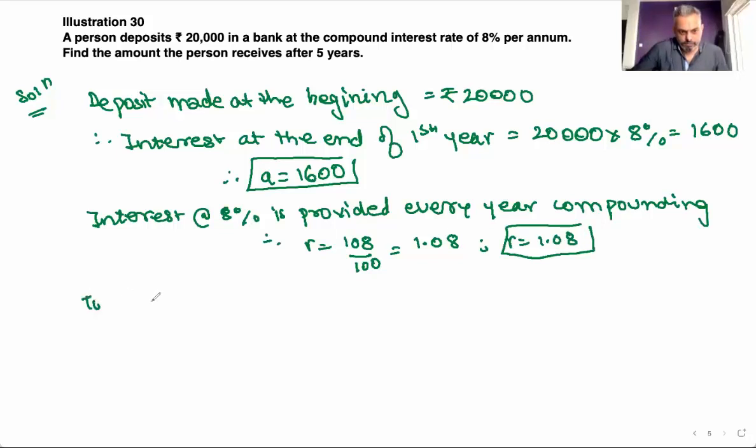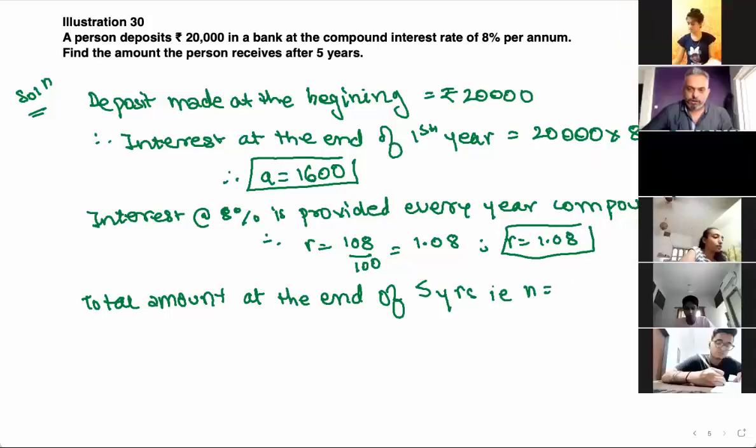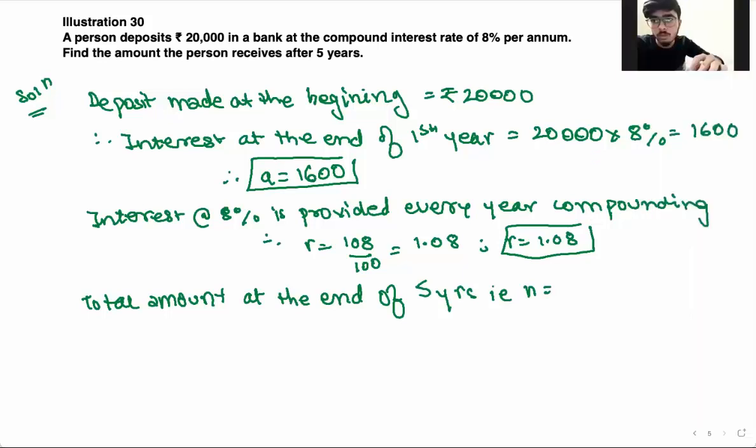Total amount at the end of 5 years. So end of first year, then second, then third, then fourth, and fifth. That is n is equal to what? N is equal to what now? 6?